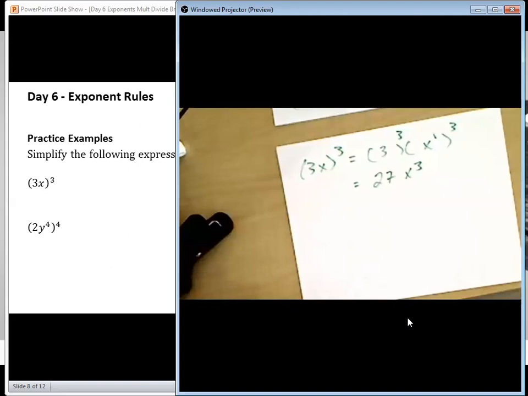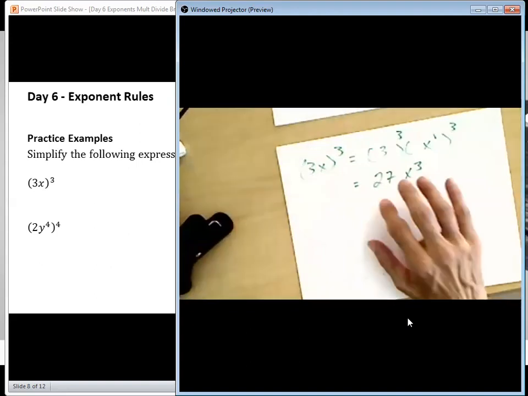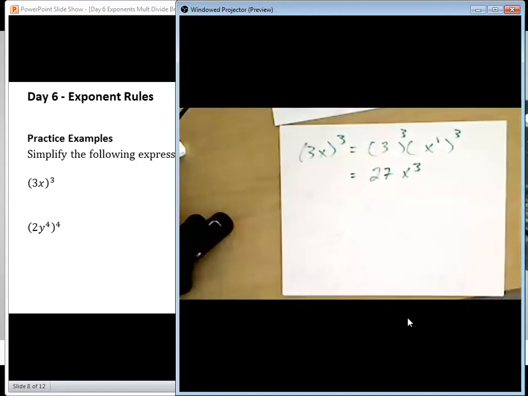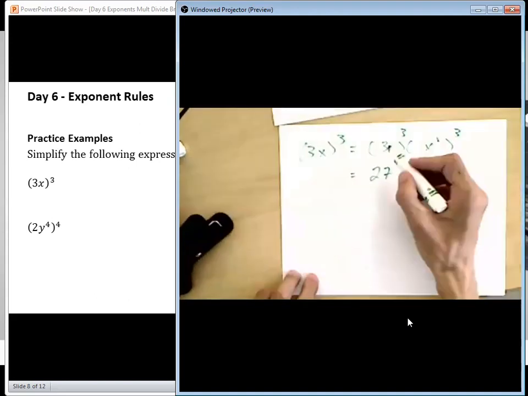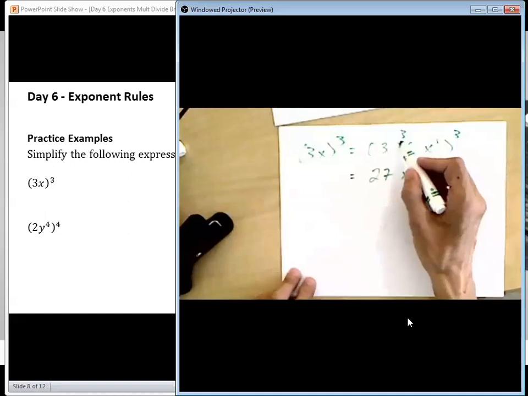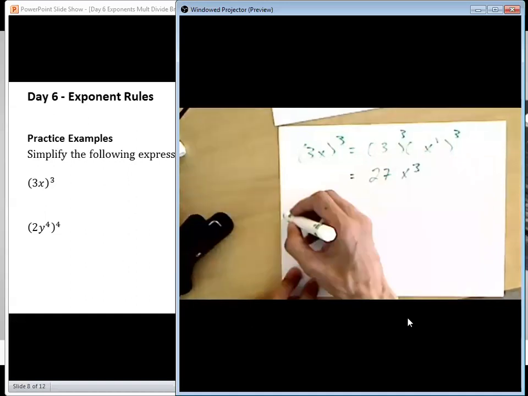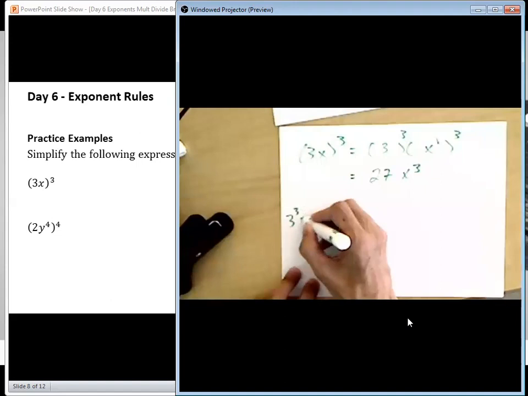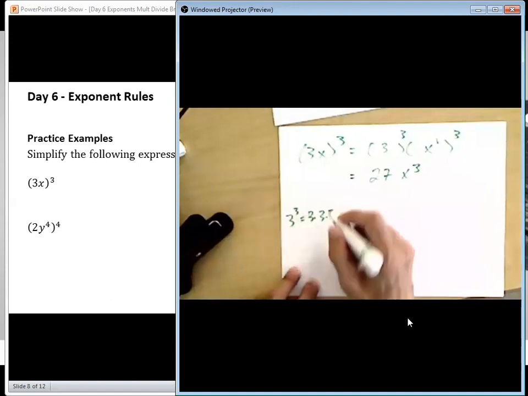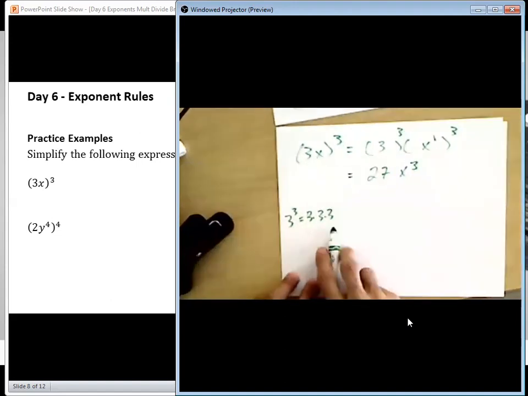The next one. Good. It's not 3 times 3. It's 3 to the power of 3, which means there's 1, 2, 3 3s multiplied together.